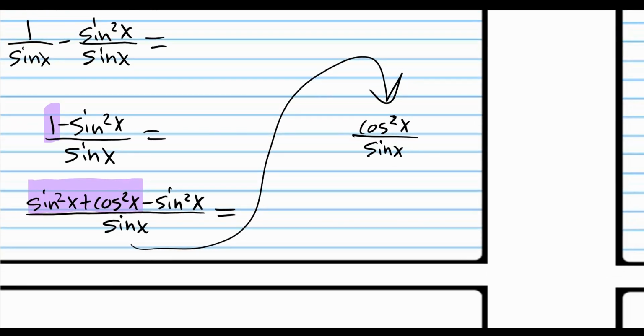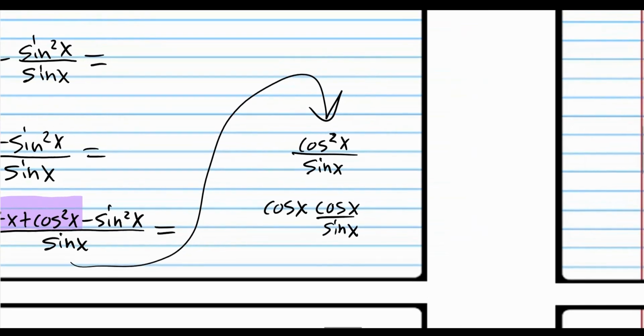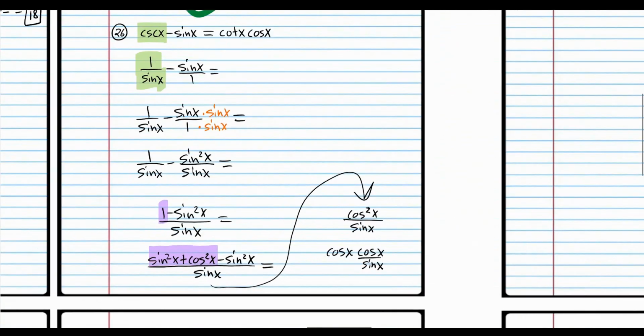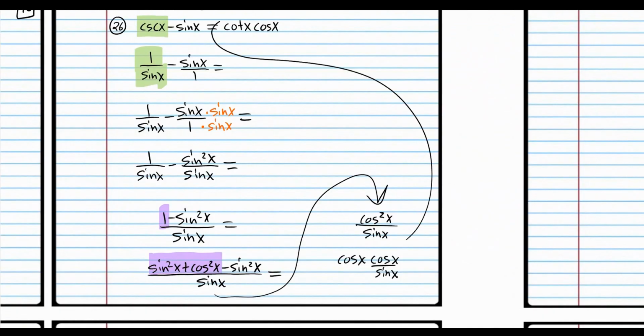Well, now I'm going to factor out a cosine x. So cosine squared is cosine x times cosine x, and you can see up here we're trying to get cotangent x times cosine x, and you can probably see where we're going with this. Cosine x over sine x is a ratio identity.